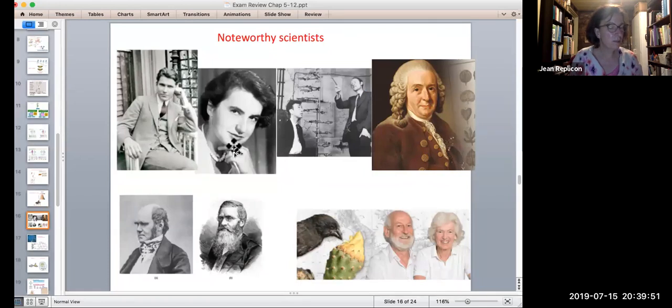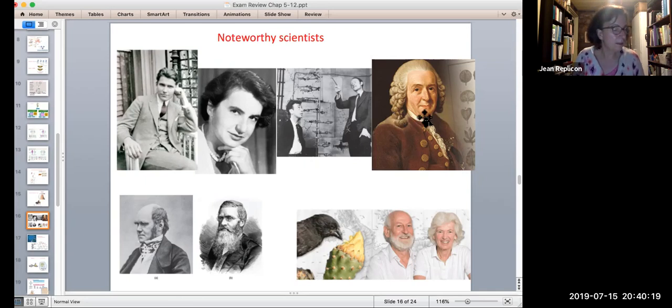Rosalind Franklin, she was involved in X-ray diffraction, and she found patterns that indicated that the DNA molecules are in a spiral shape. Taking those pieces of information further, Watson and Crick were able to work out the double-stranded helix and complementary base pairing of DNA.